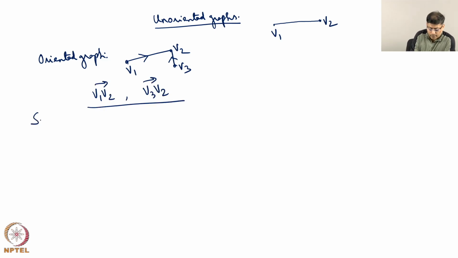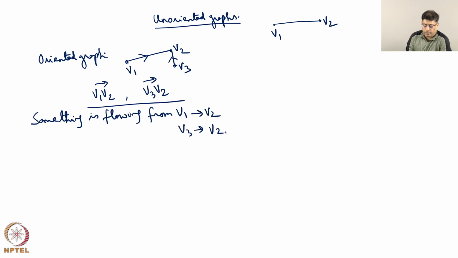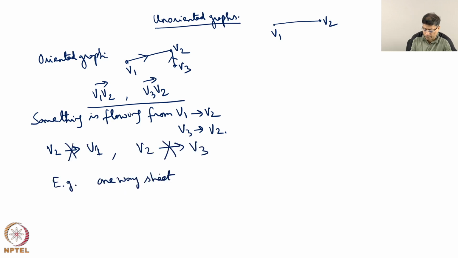This means the flow is not the opposite way. For example, the above graph does not mean that flow from V2 to V1 is happening, and flow from V2 to V3 is also not happening. Vehicles can move from only V1 towards V2, human beings have decided, or consider an inclined pipe and water is flowing.